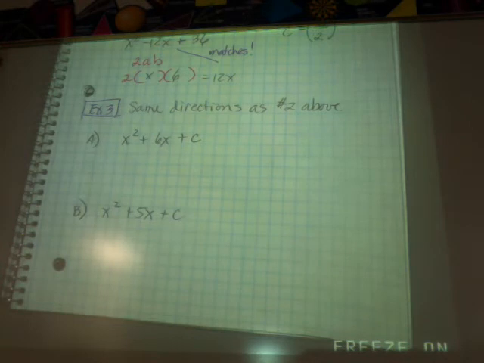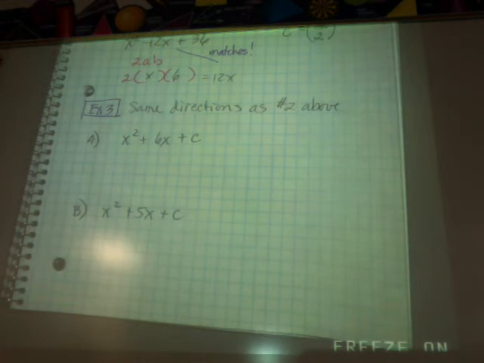When you get an answer, share it with those around you. The answer to B will be uncomfortable. It will be a fraction. Do make sure that you divide and or reduce as much as possible before you square.